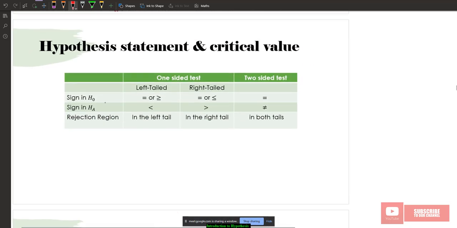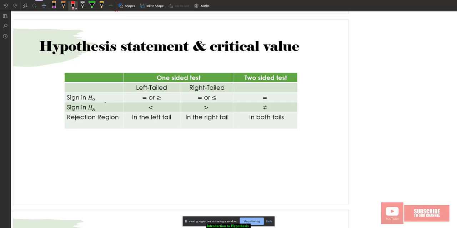Now look at this one. We have the hypothesis statement and the critical value. This is just a guidance. Let's say the sign in the null hypothesis is either equal or more than.